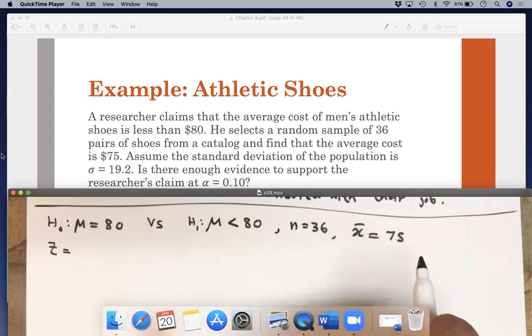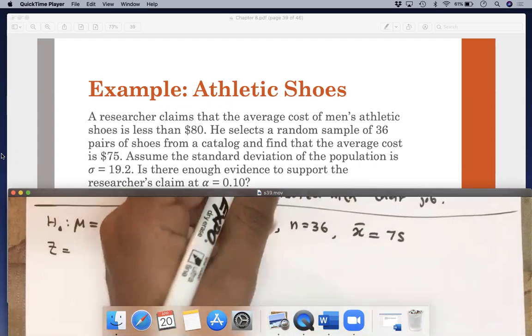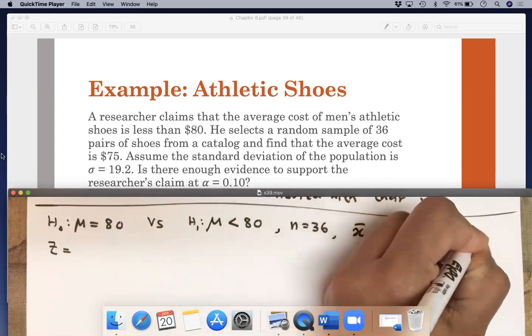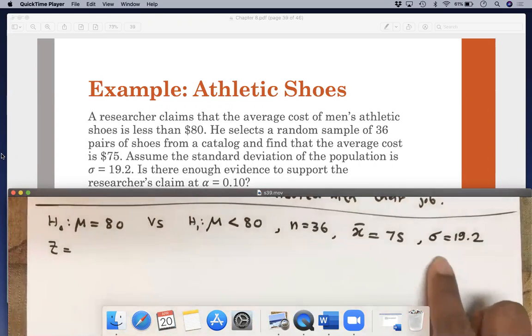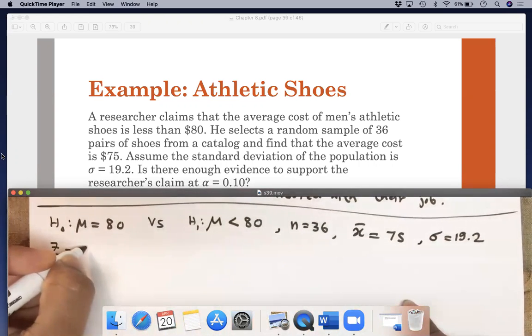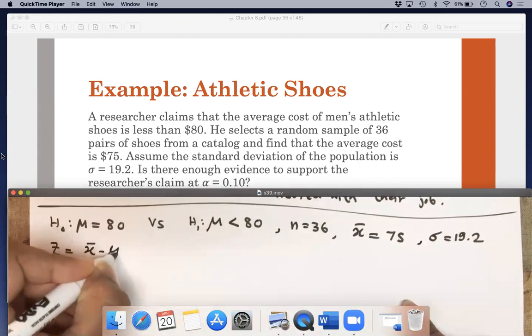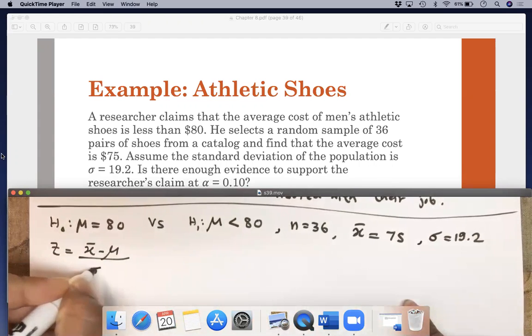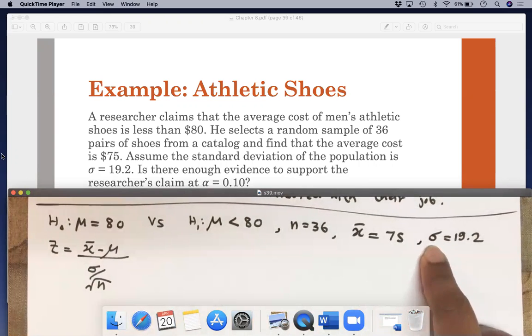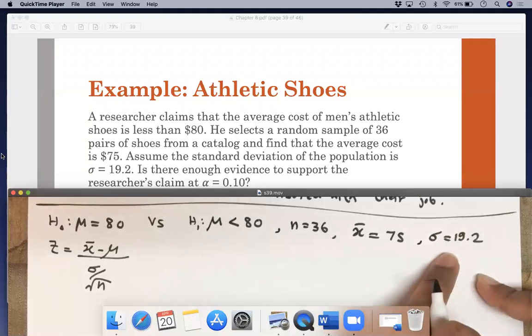Assume the standard deviation of the population, sigma, is 19.2. That is very important. If you know sigma, you have to use this formula. If you don't know sigma, you have another formula. So it's very important to recognize whether you know this value or not.